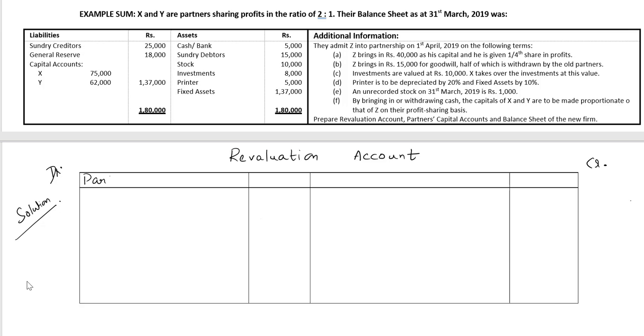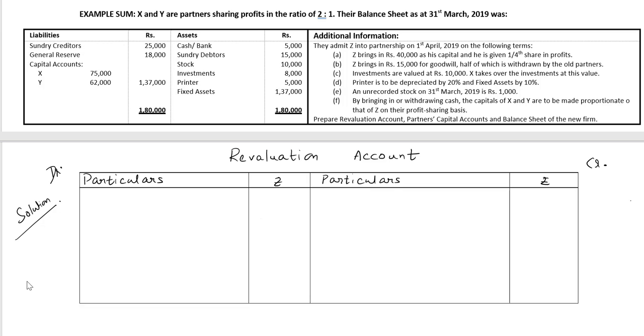Particulars, rupees, particulars, rupees. Point A is about the capital which is brought in by Z. Point B is about the premium for goodwill.